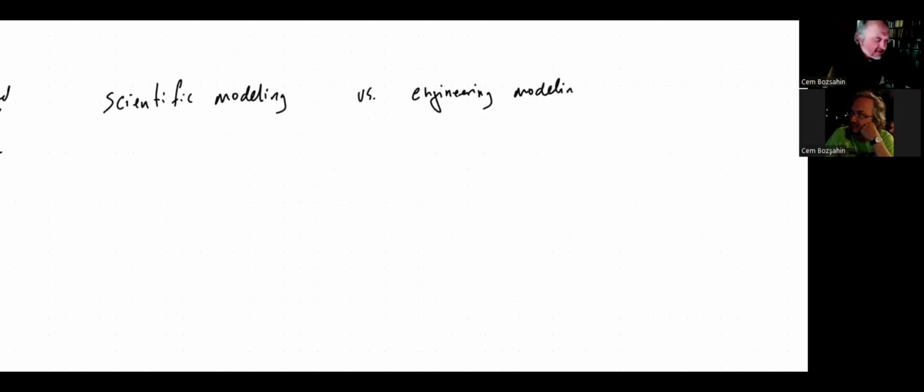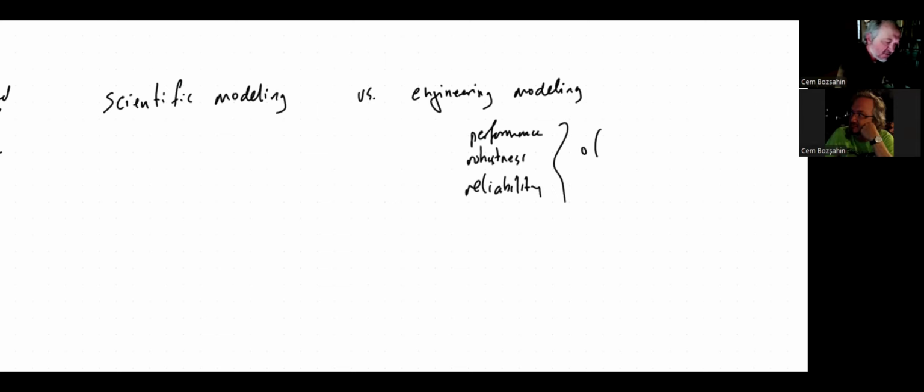Okay. Now, engineering models are essentially about performance, robustness, and reliability of a system before deployment.